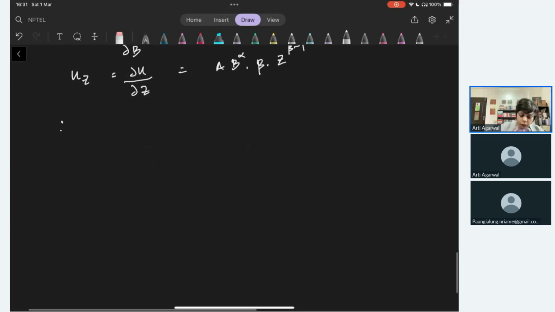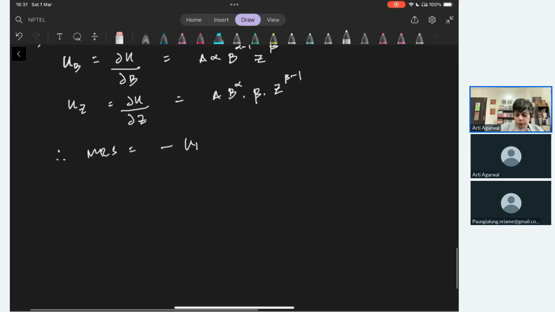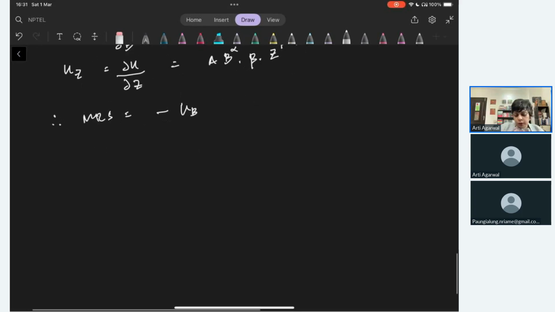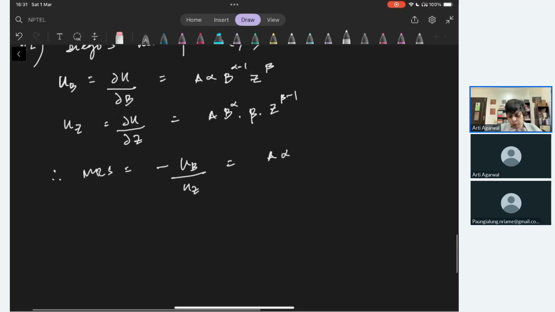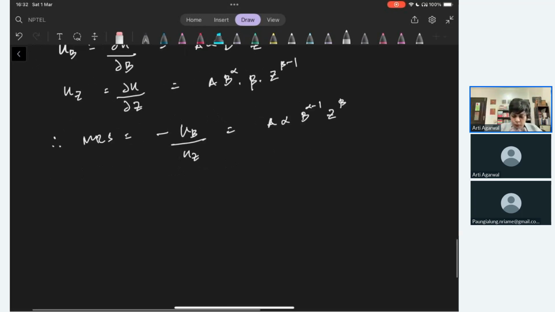Therefore, you can now find the MRS, which is minus U_B by U_Z. I'm just putting the expressions which we just got for U_B and U_Z, nothing fancy. And there's a minus sign here.